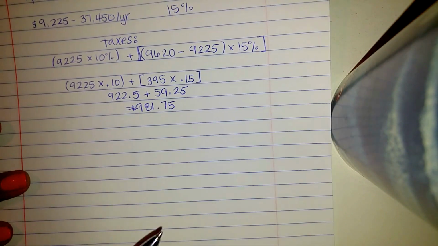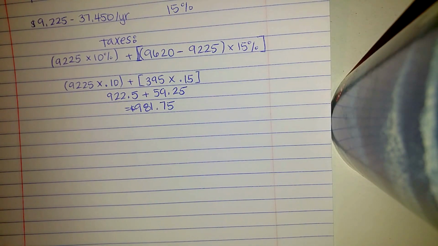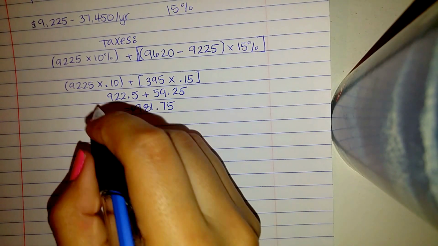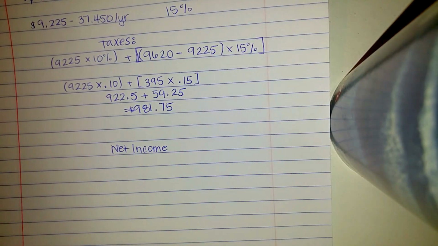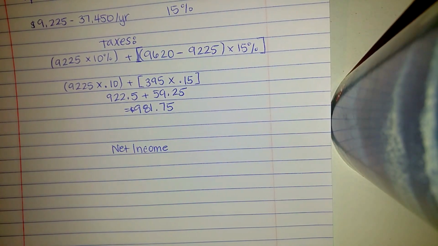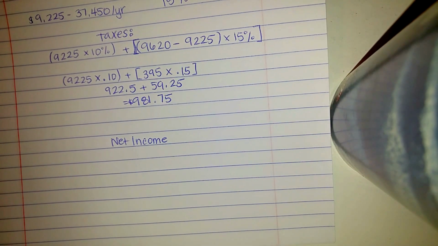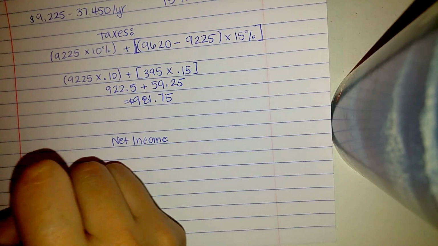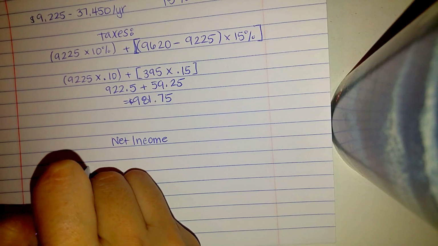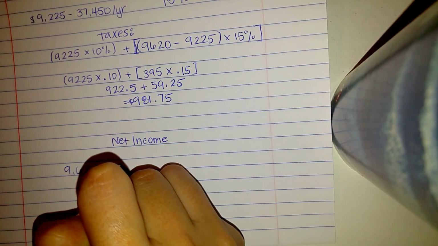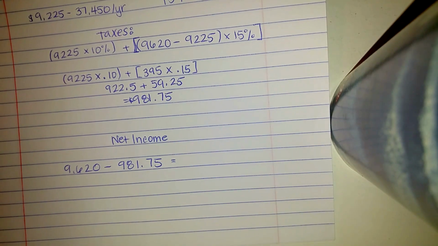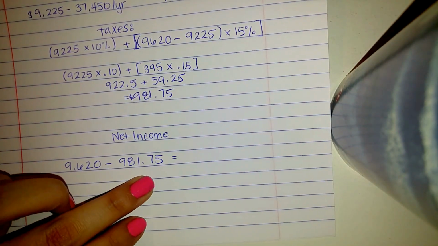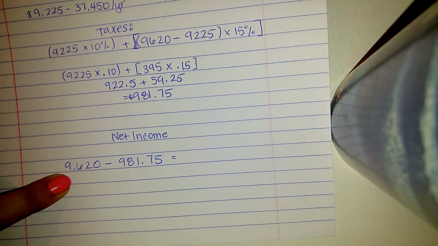Okay. Now finally, to find out what my net income is, remember that net income is the amount of money that you make after paying taxes. You would just subtract. I'm going to subtract the amount I'm paying in taxes from my salary.